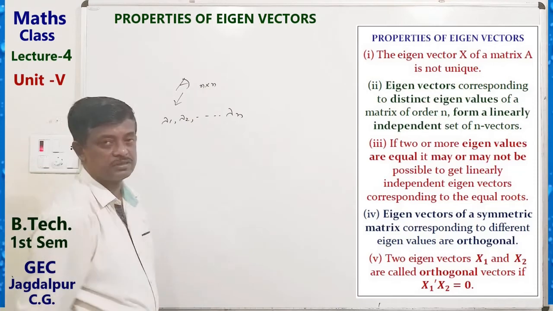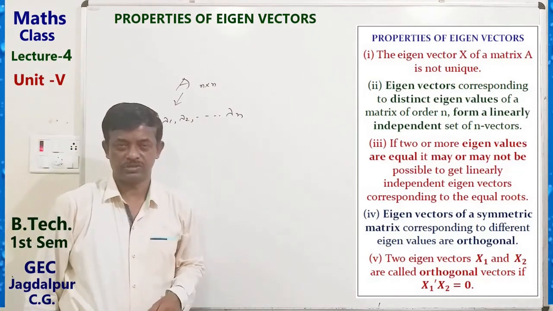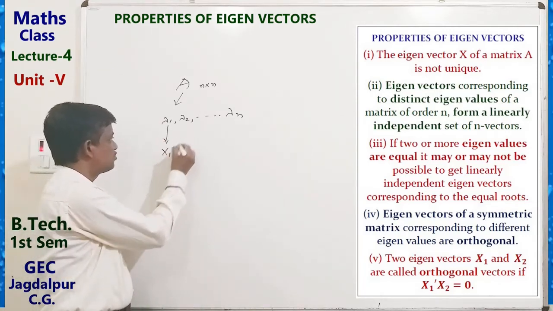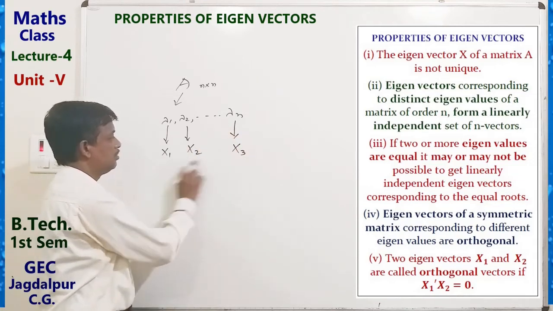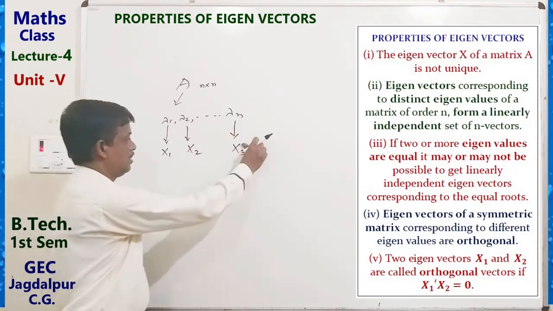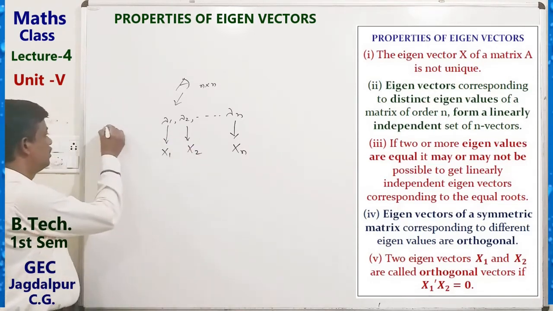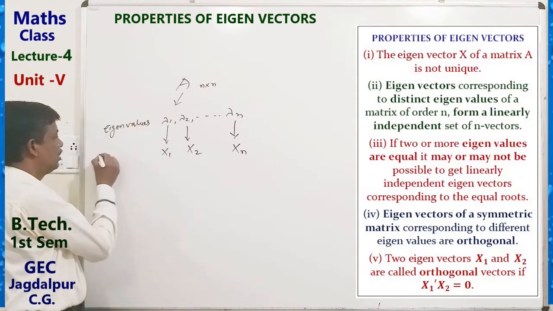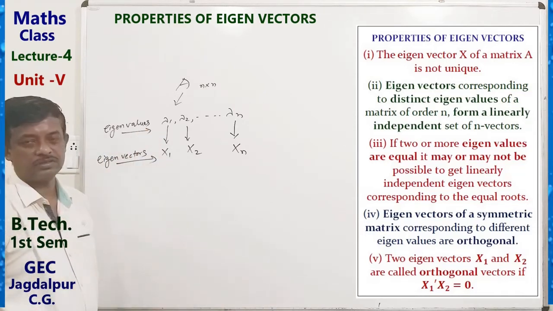So we get n eigenvalues, and corresponding to these we get eigenvectors x1, x2, x3, up to xn.